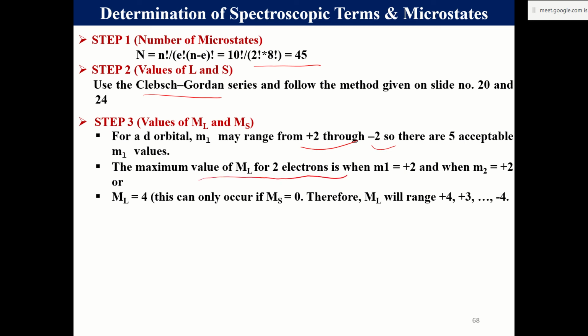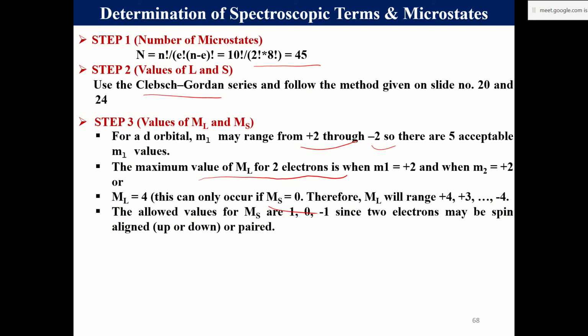So what could be the maximum value of ml? So these are the things that you already know. Step 3. Then ml equal to 4 is the highest, +4 to -4. Allowed transitions, since 2 electrons may be spin aligned or paired, so ms +1, 0, -1.